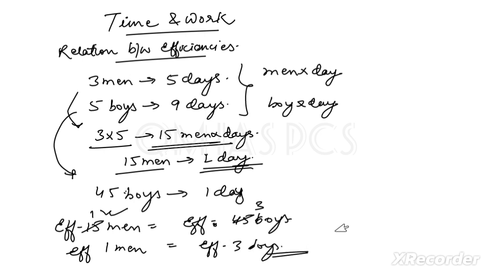This type of correlation we can find, and based on that we can solve numericals. Later on we will discuss how to solve this type of question. If you get a question based on this, you can try it. It will be easier for you. Fine. Okay.